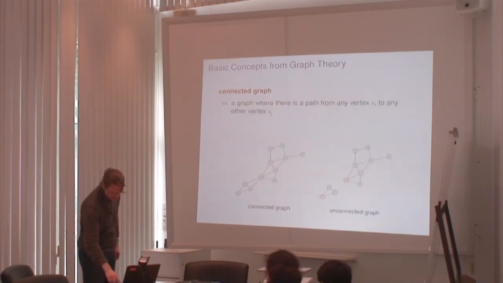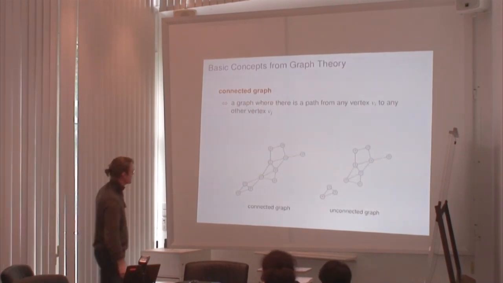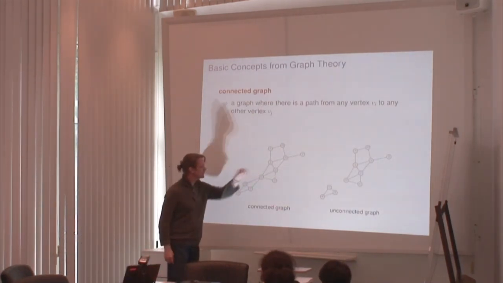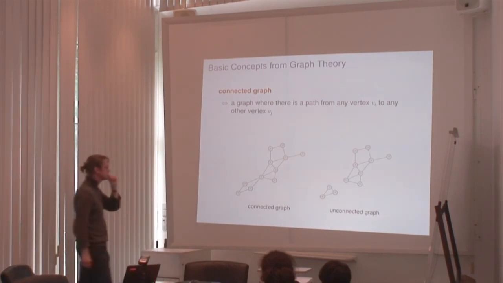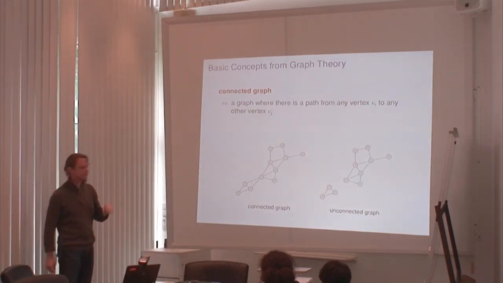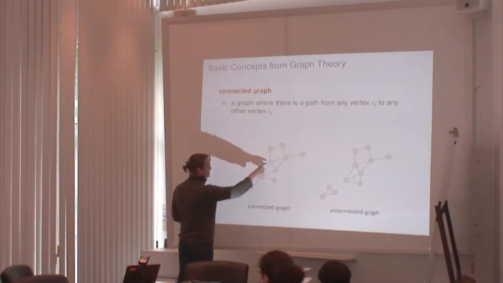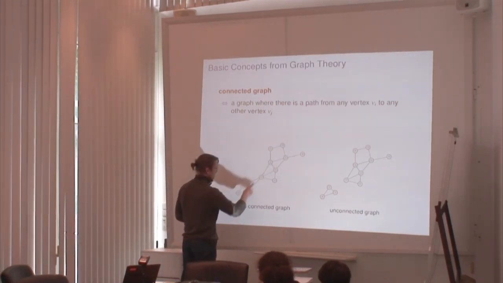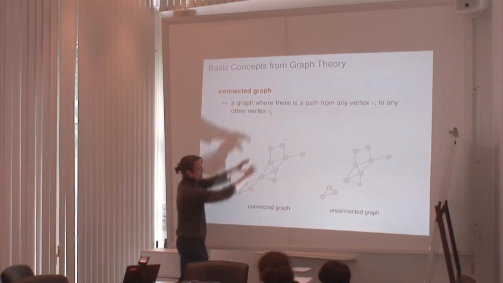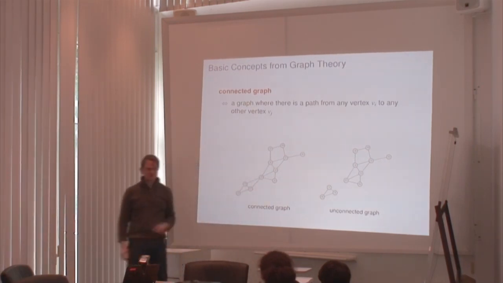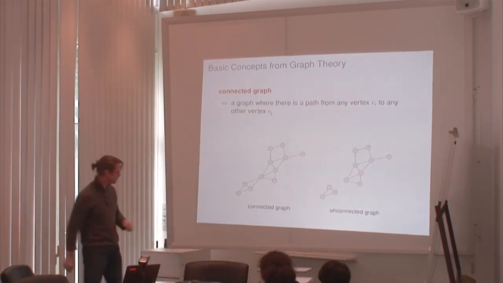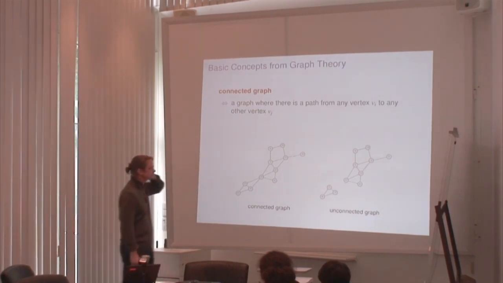Let's see, do I have a graph here? Yeah. What would be the diameter of this graph? It is 5, because from 1, 2, 3, 4, 5, there are two nodes that are 5 steps away from this node 6 here.